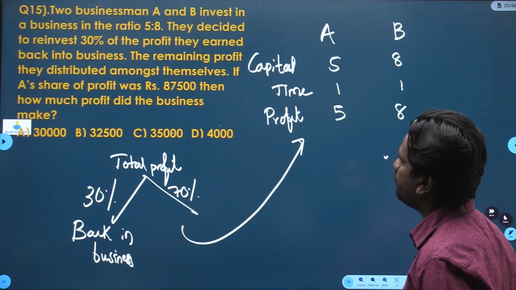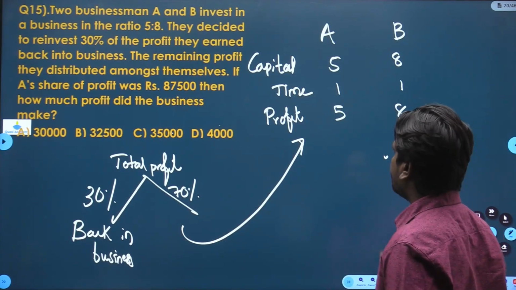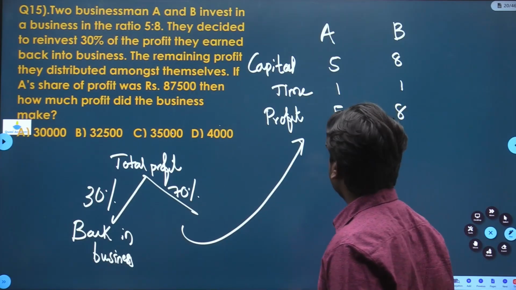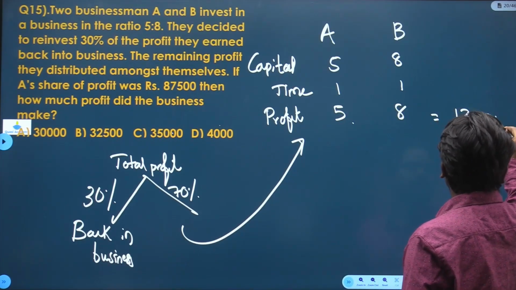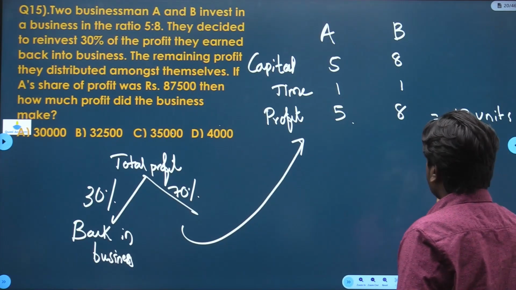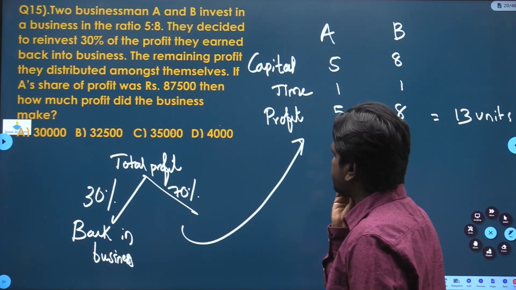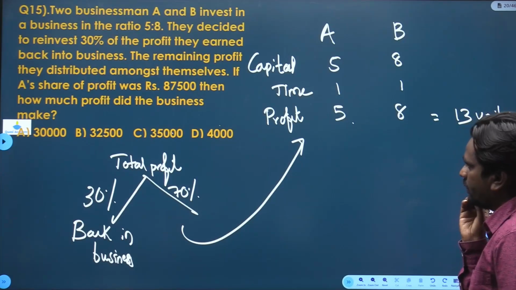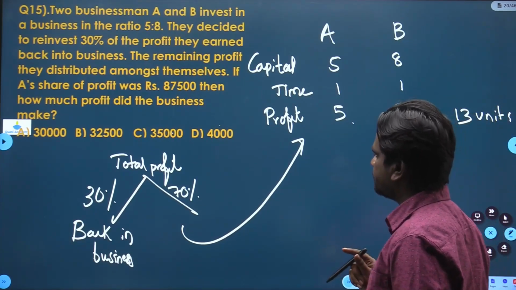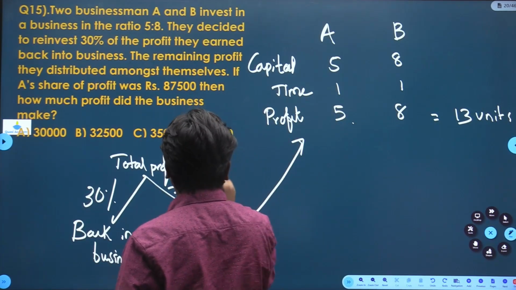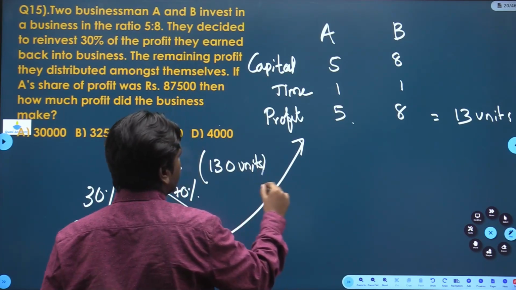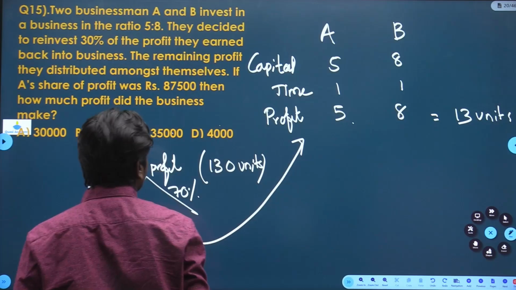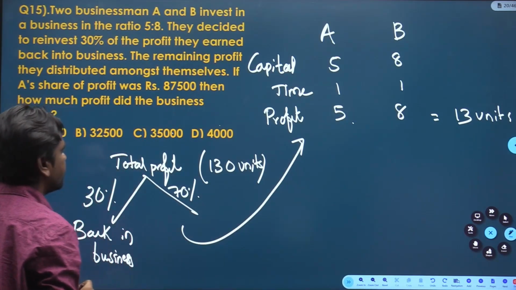Okay, if A's share of profit was 87,500, then how much profit did the business make? So here the total is 13 units, 5 plus 8. You assume the total units as 13, and the total profit as 130 units.